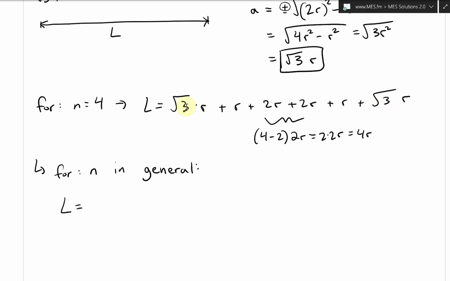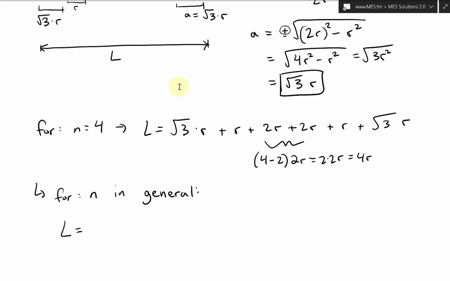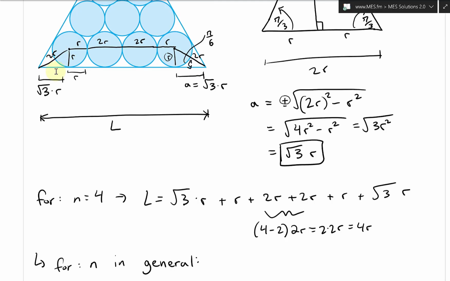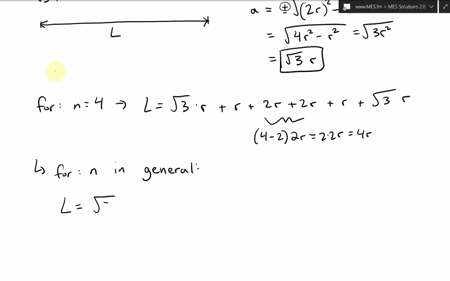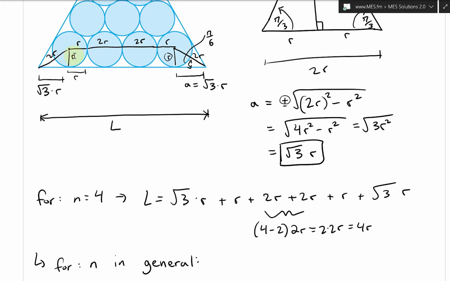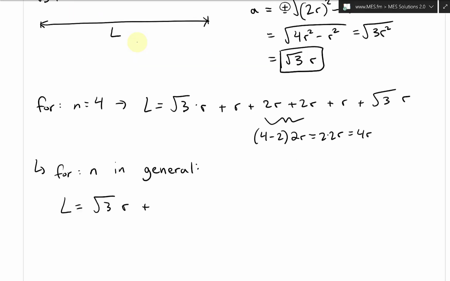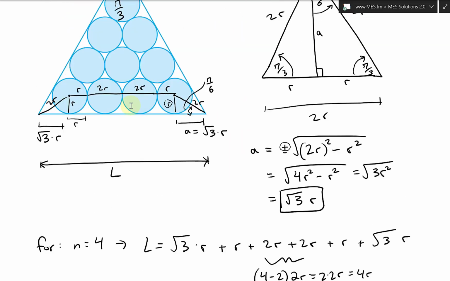You could just add those up. It doesn't change anything there. But just for completeness, I'm going to write that. So we're going to have this segment, square root 3r plus, then we always have this additional r, plus r, and then plus here, this is 4 minus 2. In other words, that was n is 4. And this keeps going on.